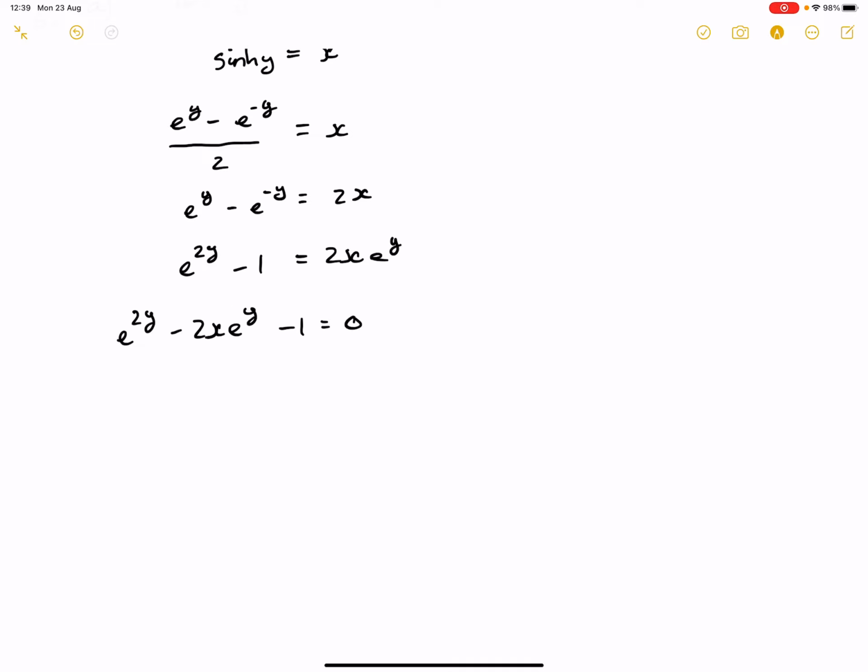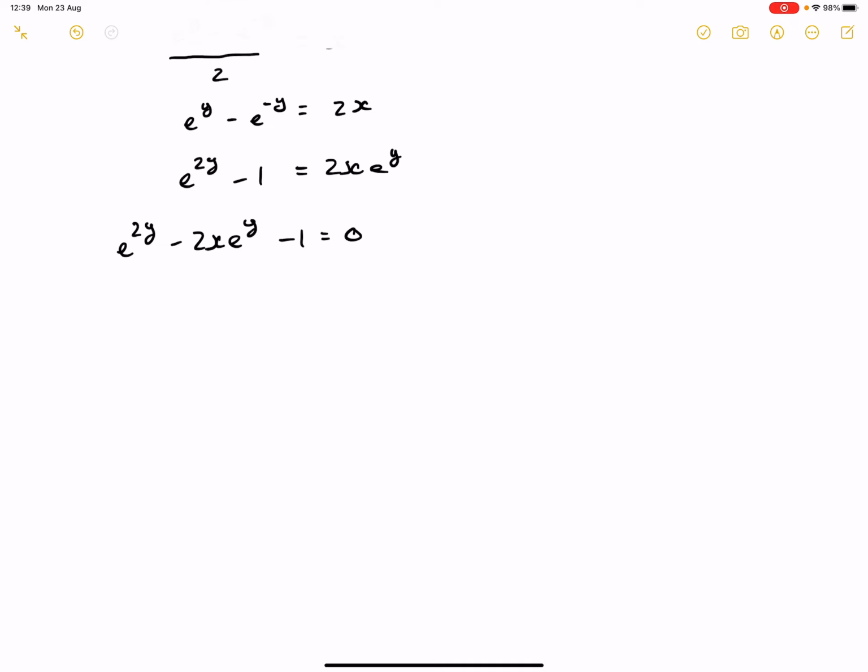And that's a quadratic in terms of e to the y, because e to the 2y is just e to the y squared. So that will give me that, using the quadratic formula, e to the y is equal to negative b, so that's 2x, plus minus the square root of negative 2x squared, so that's 4x squared, minus 4ac, so that's going to be plus 4, all over 2.